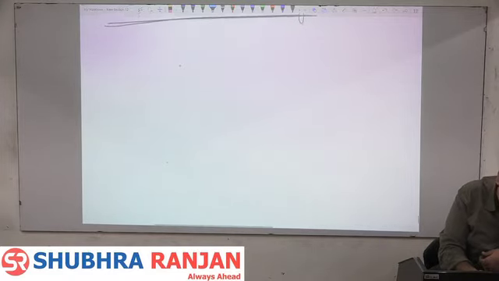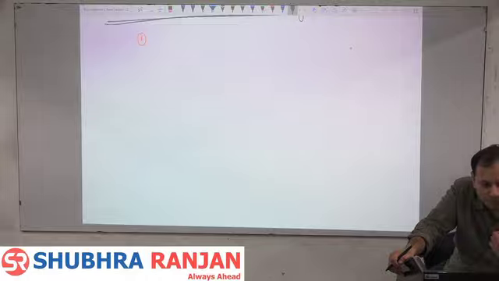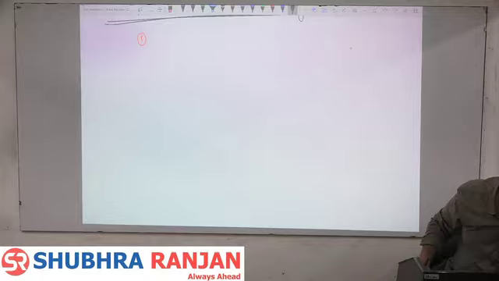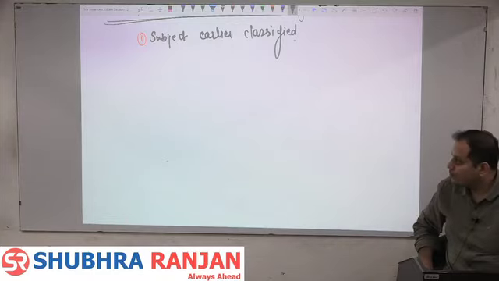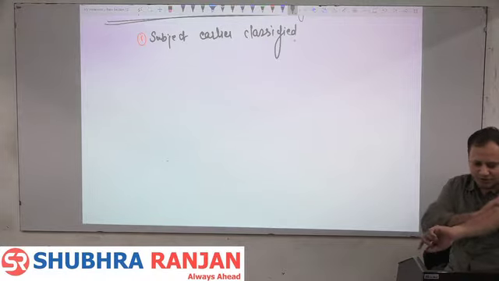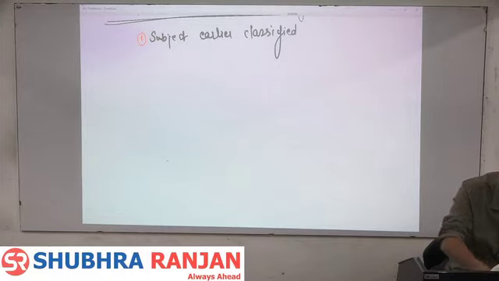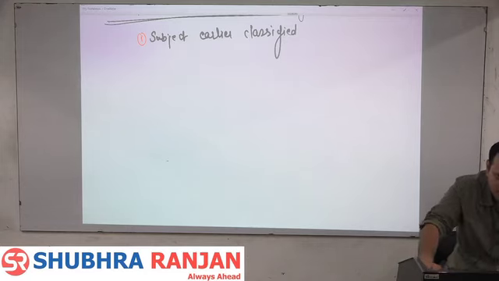So why was there a crisis in geography? Because point number 1 is that the subject which was earlier classified as general geography now became divided into the domains of physical sciences and natural sciences.